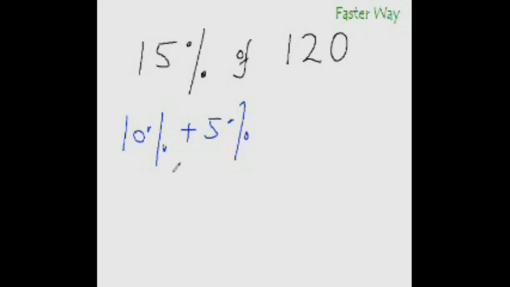Okay, now before I teach you what is decimal shifting trick, you have to tell me what is the present position of decimal in 120. It is here, and this is equal to 100%, because 100% of any number is the number itself. Like you go to a shop and the shopkeeper gives you 100% discount, then what does it mean?